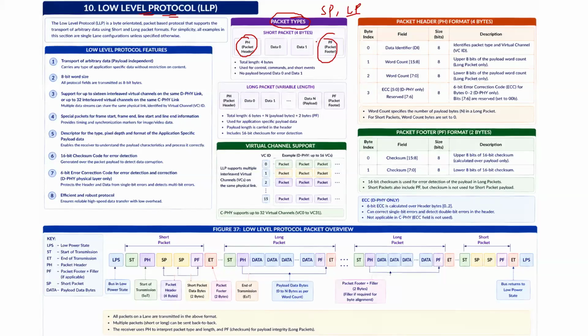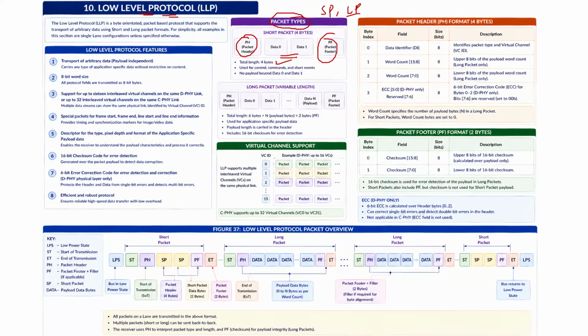The packet header is where we start the data, and the packet footer is where we end the data. In between, the payload will be transmitted, that is data 0 and data 1. See here, a total of 4 bytes of data we are transferring. That's what the low level protocol is doing here.